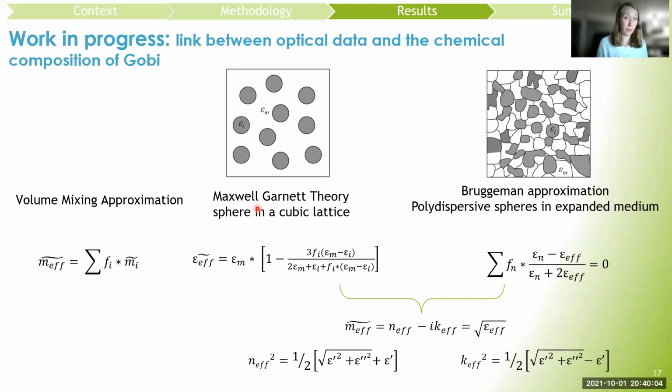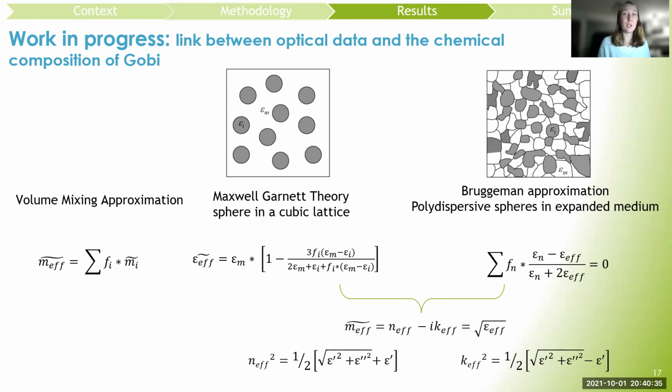There are different ones, which link the optical data with the chemical composition. There is the volume mixing approximation, which calculates an effective refractive index thanks to the refractive index of the pure compounds and their volumic fraction. But this one, we are not sure that it will be possible to apply, because actually we don't have separate particles of each pure compound, but a mix of compounds inside a particle.